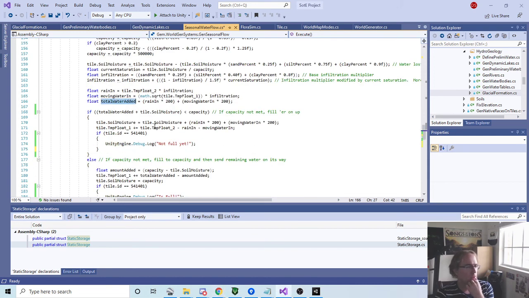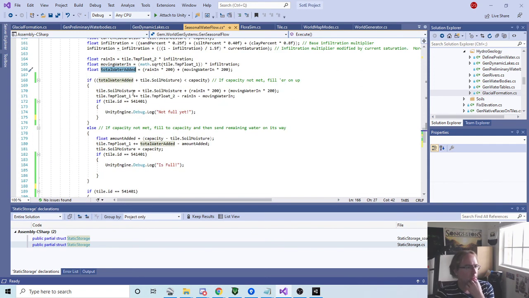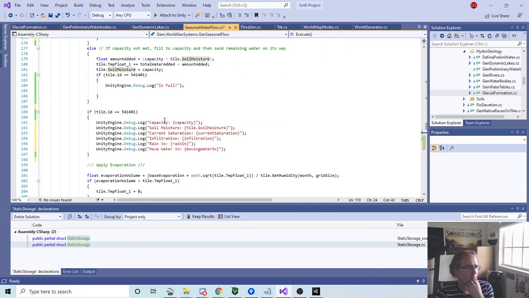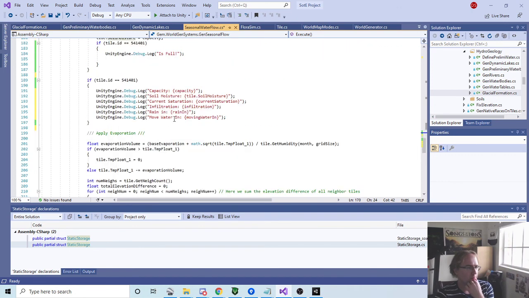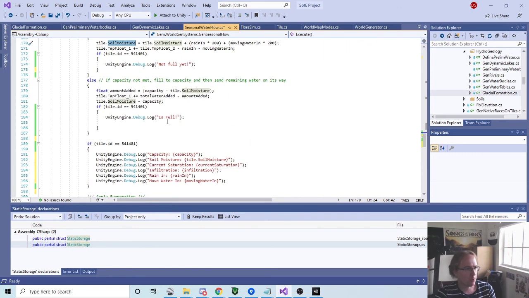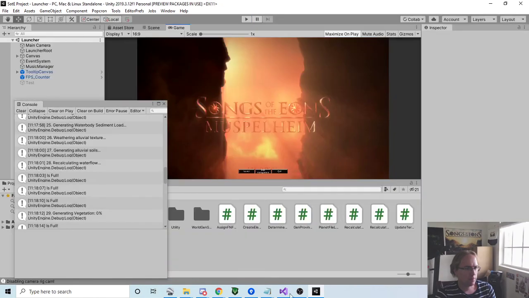Moving water in. No, I don't need total water added. Oh, that's right. We needed... Do you have current saturation? No, let's just go with this for now. Okay. This should work.